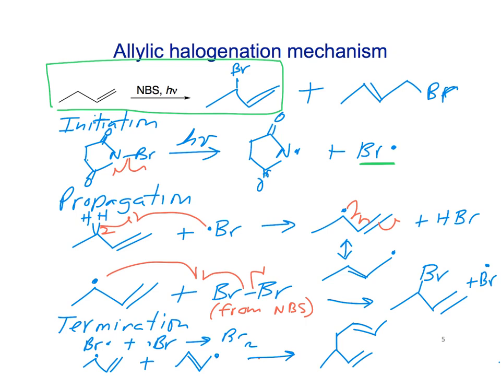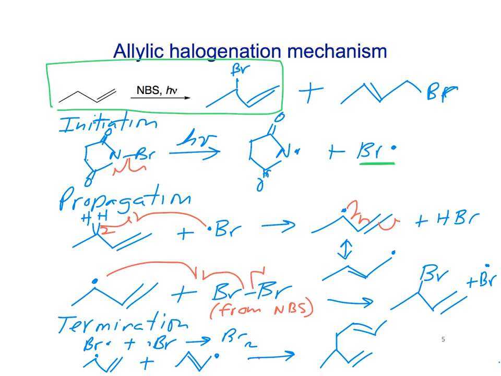Anything else? Yeah, in back there. Would the formation of additional product be considered a termination step as well, with the additional bromine? So the question is, would the formation of additional product be a termination step. We do have termination steps that do form product.